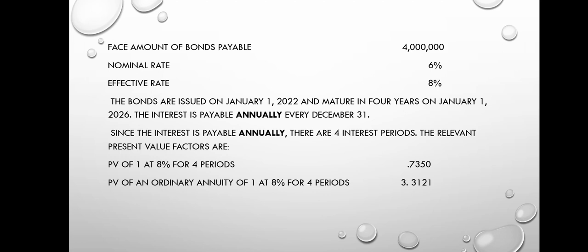Since the interest is payable annually, there are 4 interest periods. The relevant present value factors are PV of 1 at 8% for 4 periods, which is 0.7350, and PV of OA of 1 at 8% for 4 periods, which is 3.3121.